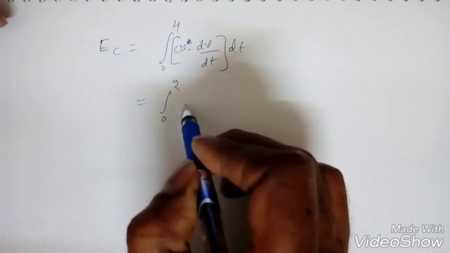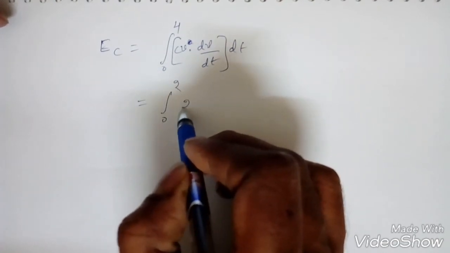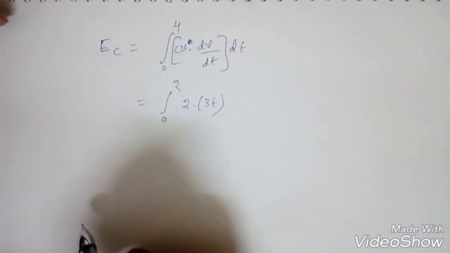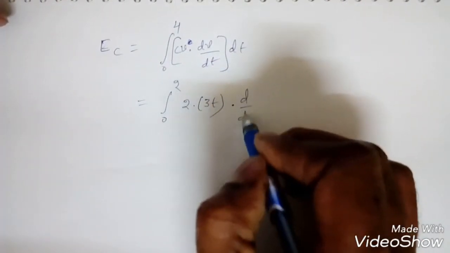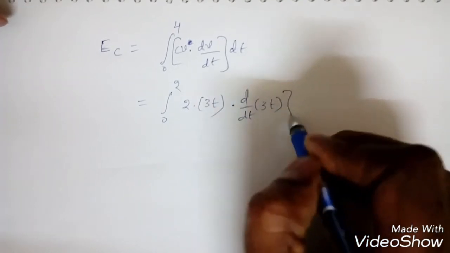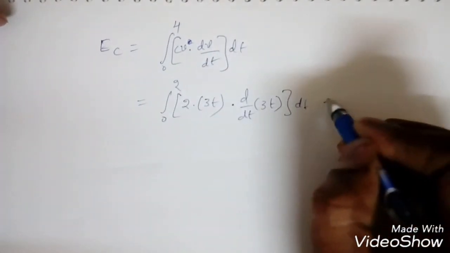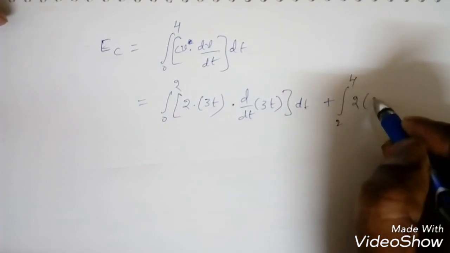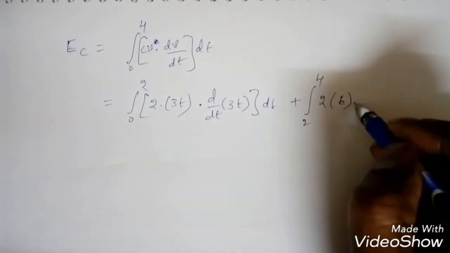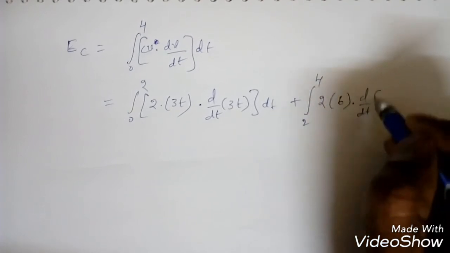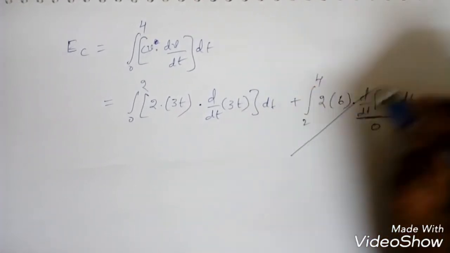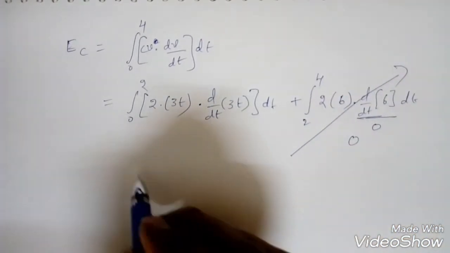From 0 to 2, C is 2 farads, v of t is 3t, into d by dt of 3t, whole dt, plus the integral from 2 to 4 of 2 into 6, which is constant, into d by dt of 6 dt. Since this is a constant, we get 0 for that part.